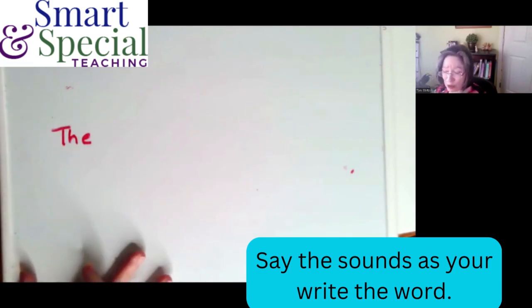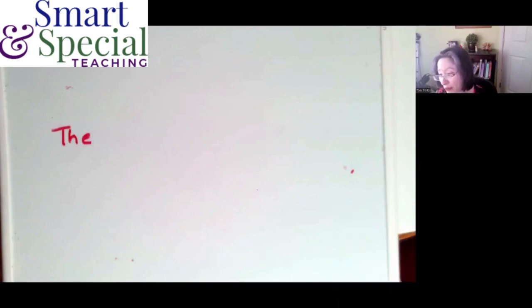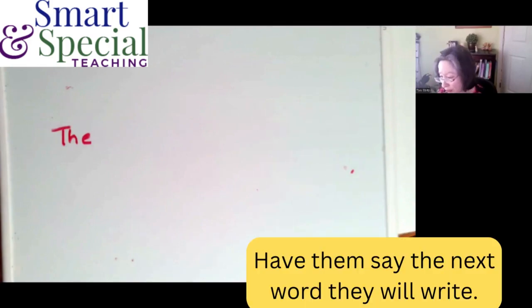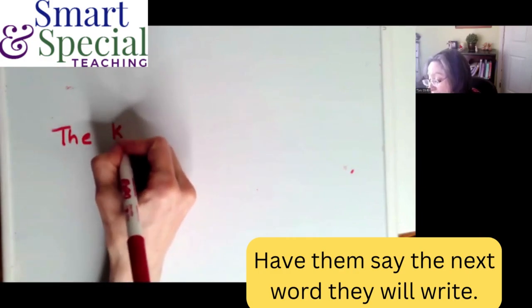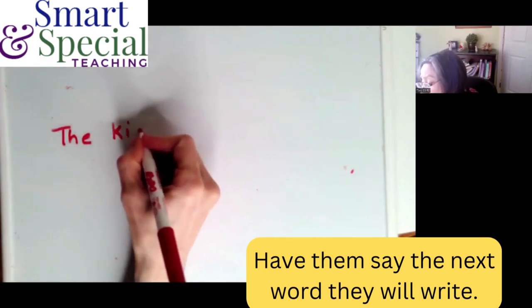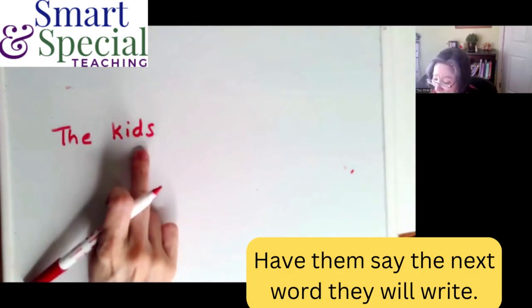Now what's the next word you're going to write in your sentence? What was the sentence you were going to write? The kids ran fast on the path. So what was the next word you're going to write? Kids. Okay? Now, let's say the word kids and write as we say. K, i, d. Now this is a suffix s.